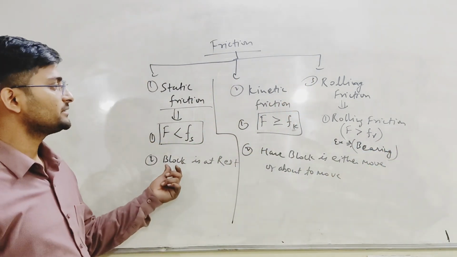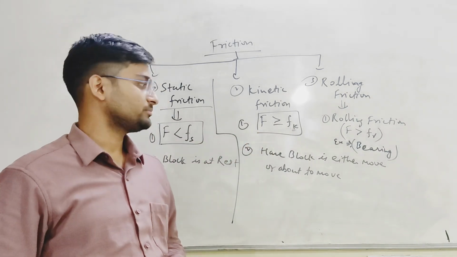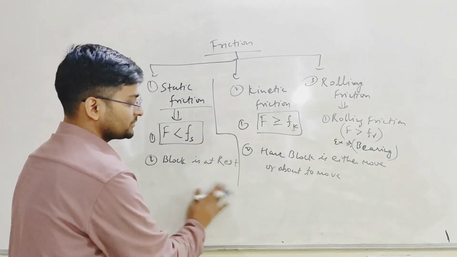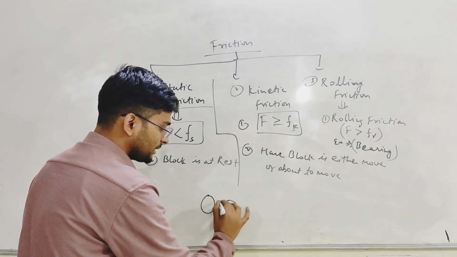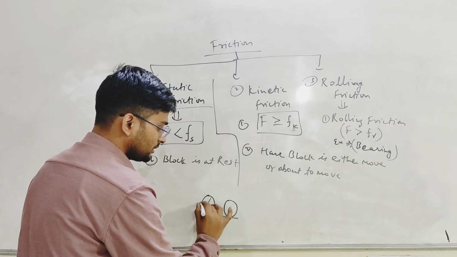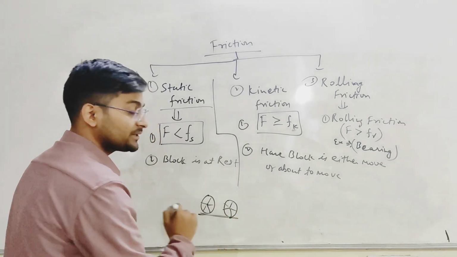Now, for an example of kinetic friction, consider a bullock cart. When the tire of the bullock cart is on the road, at that time it is at rest.